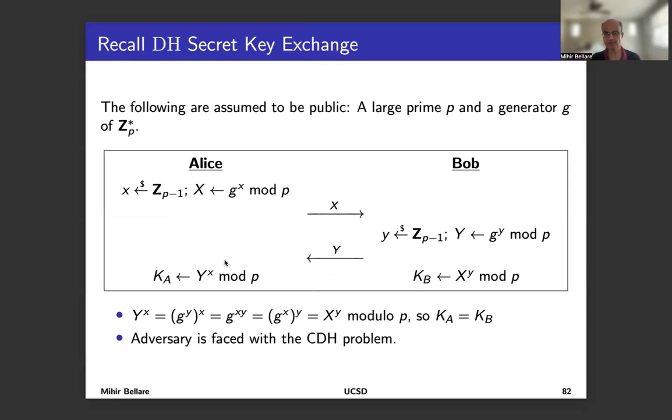All right, so at that point, we've reached sort of one end point in the story, which is that if we come now back to the Diffie-Hellman secret key exchange that I showed you earlier, my hope or expectation is that a lot of it makes much more sense. And moreover, you could, for example, do something like implement it. So remember what it did. It said a large prime P and generator G of ZP star are public, and then you have the protocol steps. But now you know that ZP star is the multiplicative group mod P, and you know what a generator means.